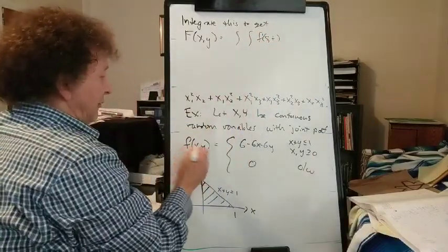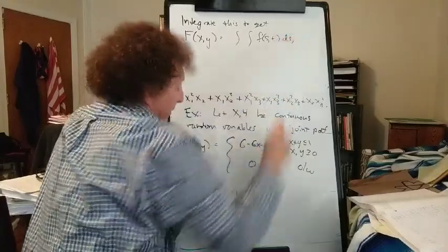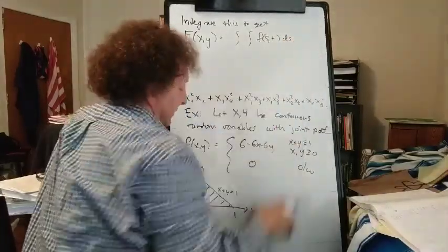So I'll write f of s and t, and I will integrate ds and dt.